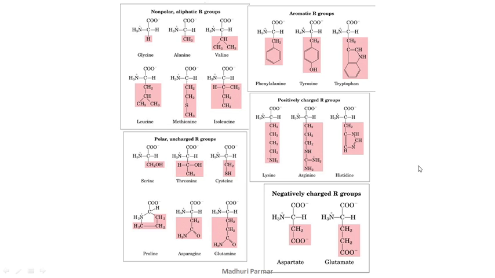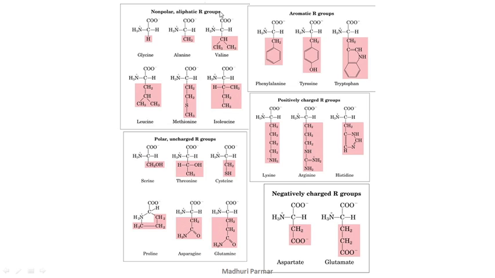Fine? Okay. So this is classification of the amino acids based on their R group. You can have non-polar. Non-polar meaning not having any charge, not complete charge nor even partial charges. So they are non-polar and have aliphatic R groups.